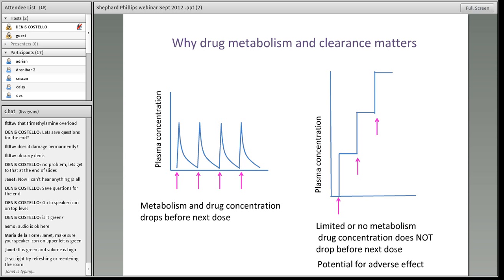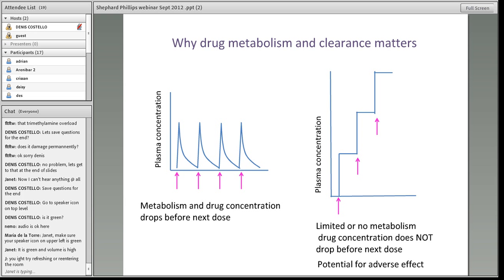They take a second dose and the plasma concentration increases, and then again there is little clearance. And a third dose, the plasma concentration increases further. And so you can see that in this particular case, where there is a defective clearance mechanism, the plasma concentration of the drug keeps rising.